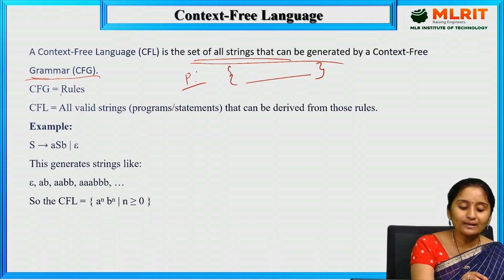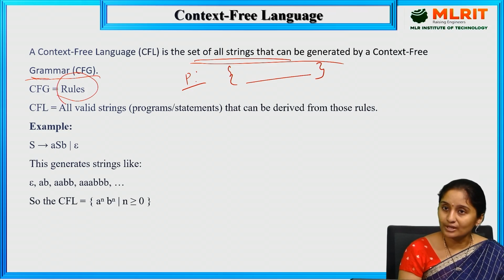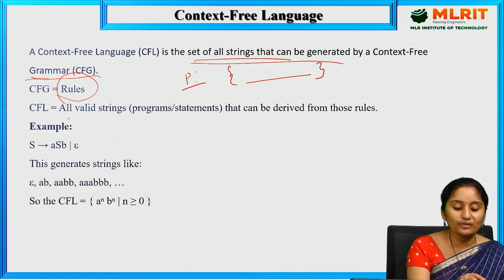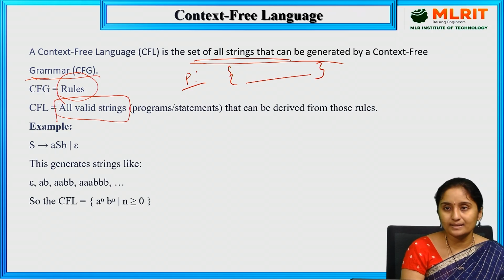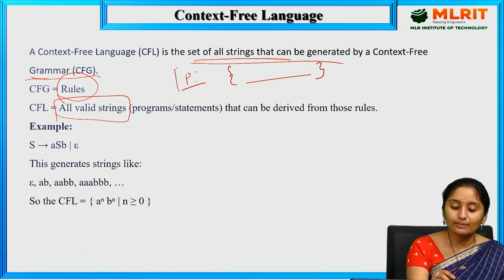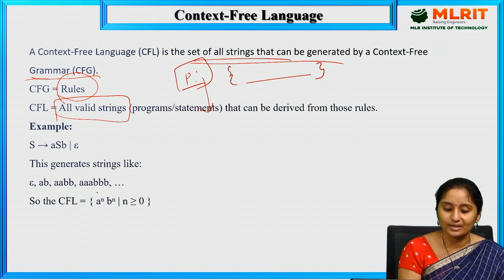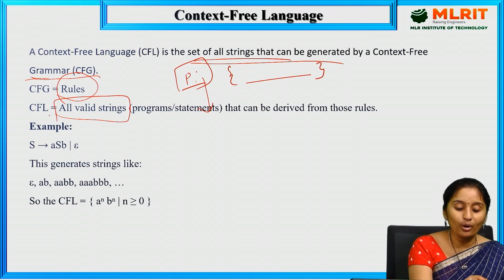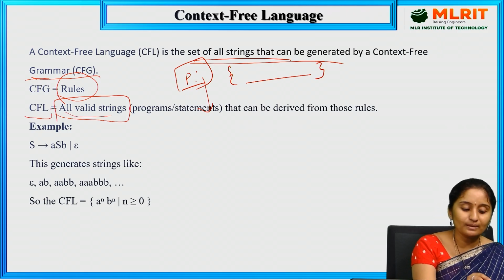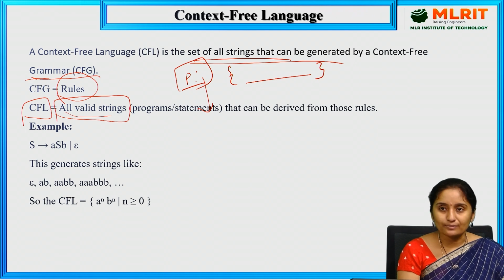While we generate using these production rules, we are going to generate some set of strings. So that set of strings we are going to call a context-free language. See here, it is a set of strings that are generated by a context-free grammar. The context-free grammar is going to give you the set of rules, the production rules, and by using those rules, we are going to generate all the valid strings. So that set of valid strings is what we call a context-free language.